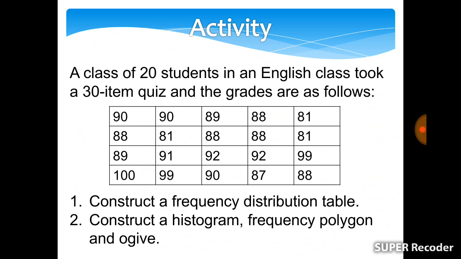You have to construct a frequency distribution table, and construct a histogram, frequency polygon, and ogive. This will be based on what we have discussed on how to construct a frequency distribution table, so you have to go back to the part of the video where it is being discussed.